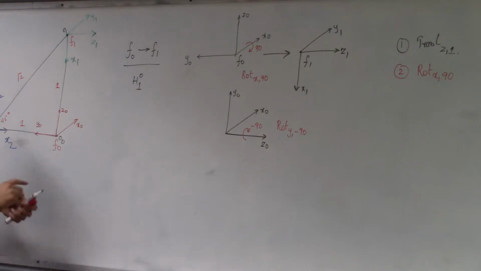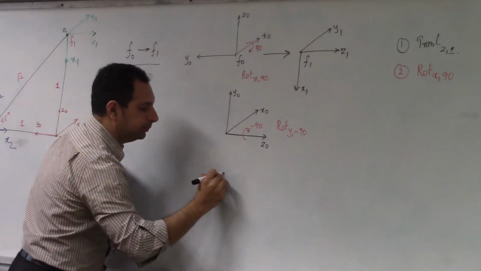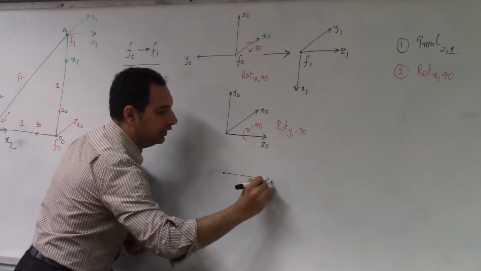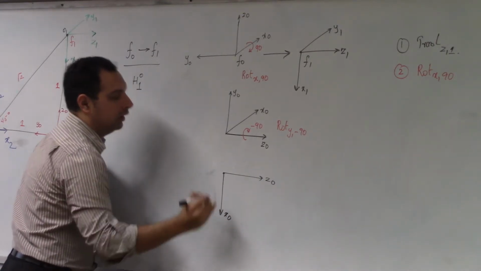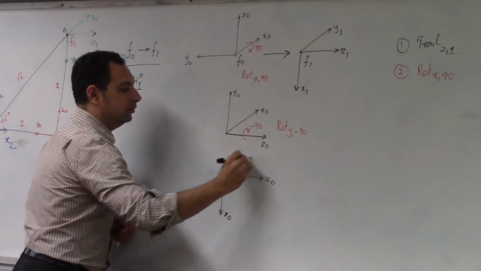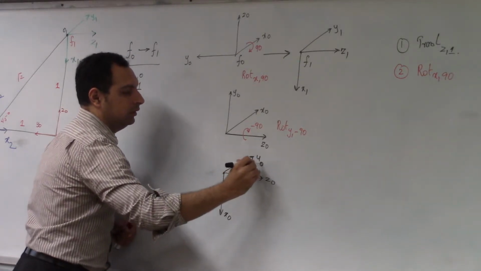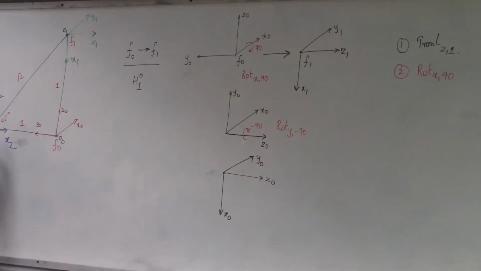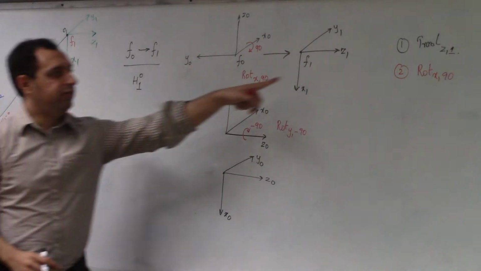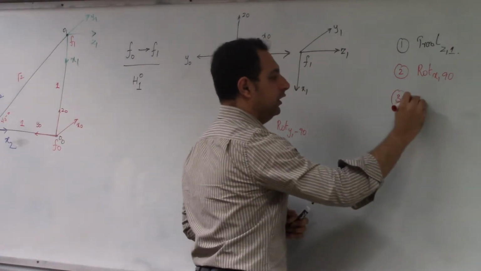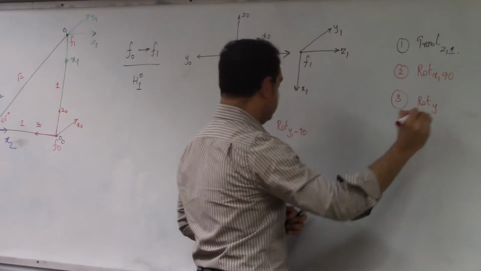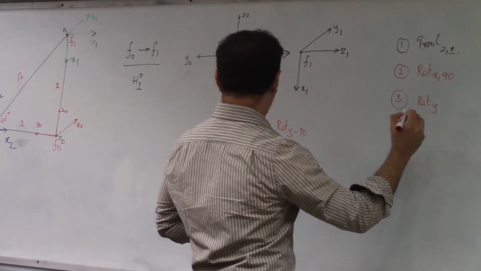Now this will be Z naught as it is, X naught will go down, and Y naught will be within the board. So this perfectly aligns with that frame. So now you can write this as the third step, rotate about Z.